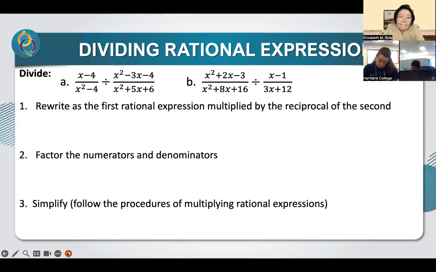I got it. For letter B, what's your letter B? 3 times x plus 3 over x plus 4. Okay.